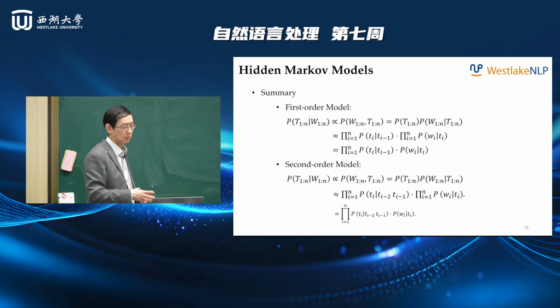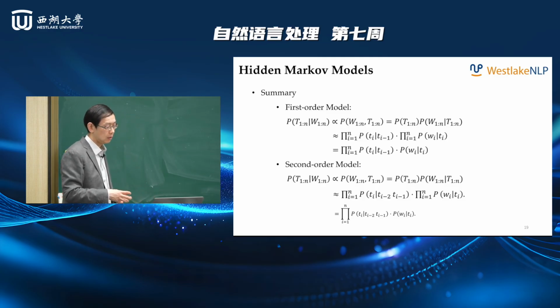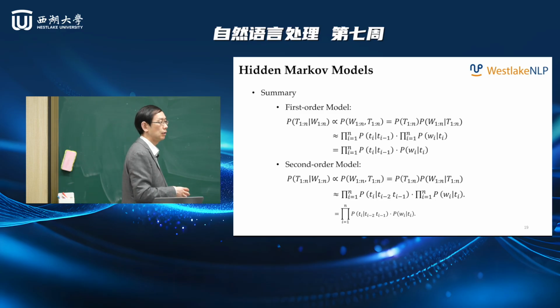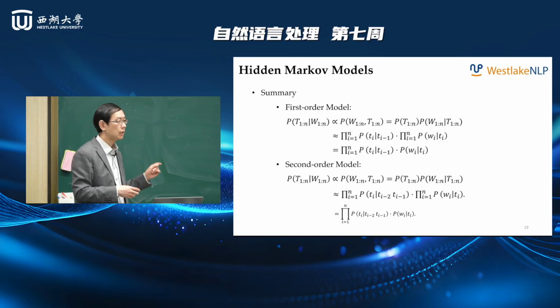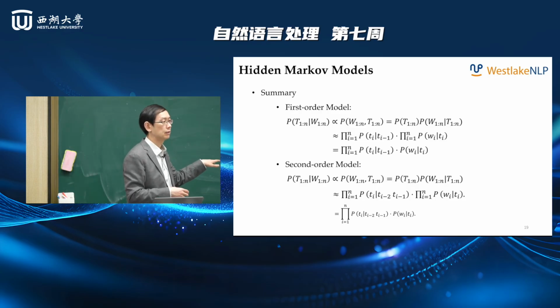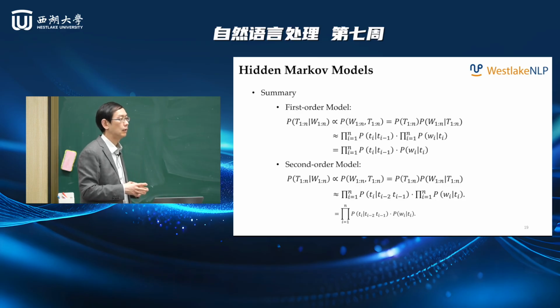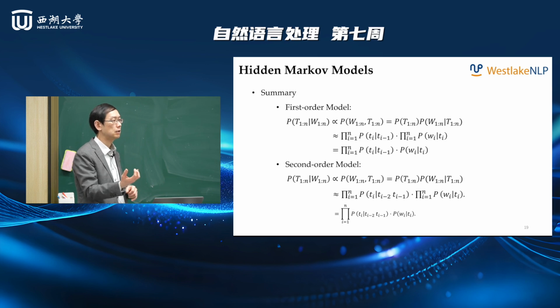That's called the first order model. Second order model, still the product from the first location to the last location, right? Every tag given its previous two tags times the word given the current tag. Okay, so that's combining our simplification of T sequence and W given T sequence.